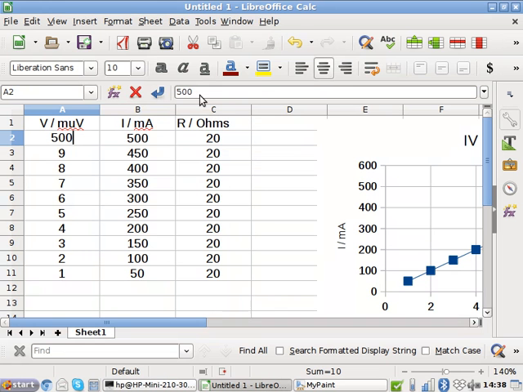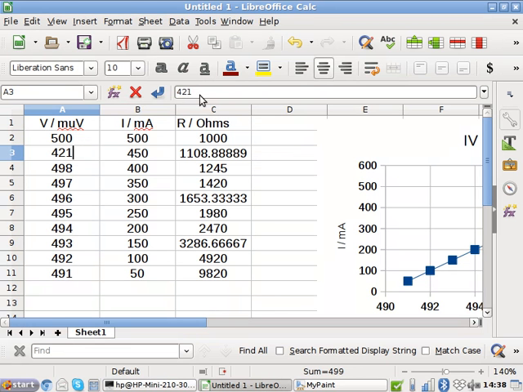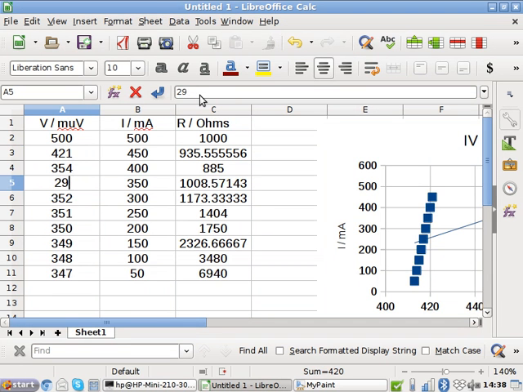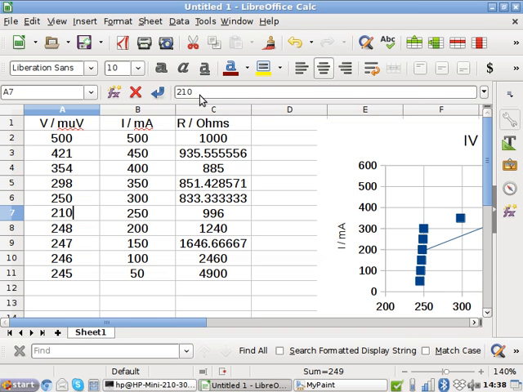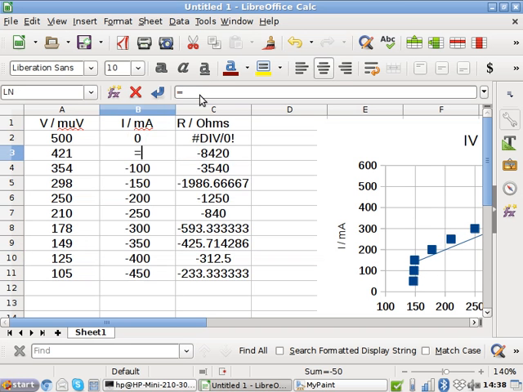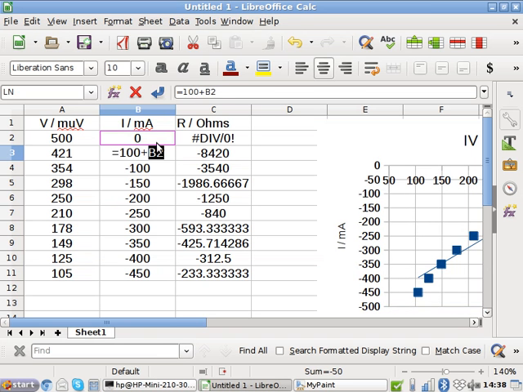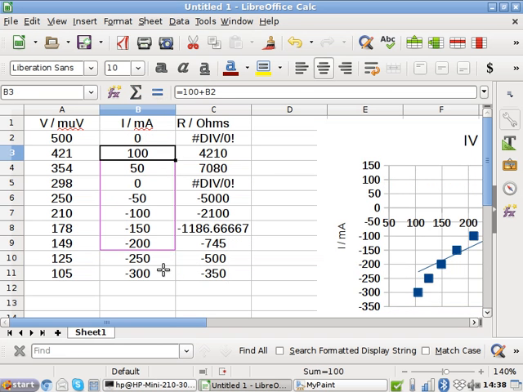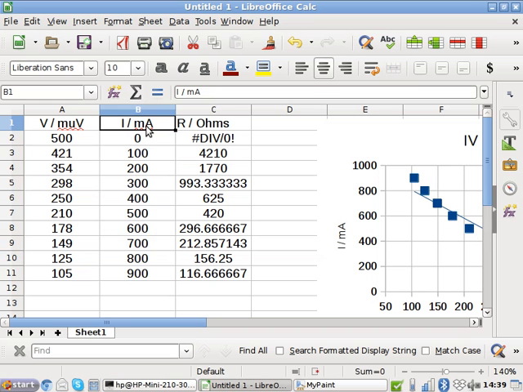Starting at 500 and decreasing: 421, 354, 298, 250, 210, 178, 149, 125, and 105. And then the time is just going up in 100s. This is the time in milliseconds.